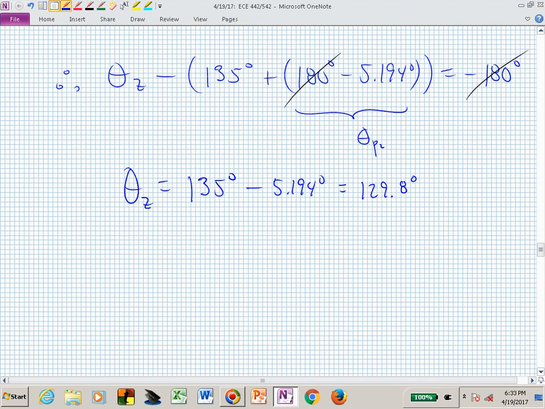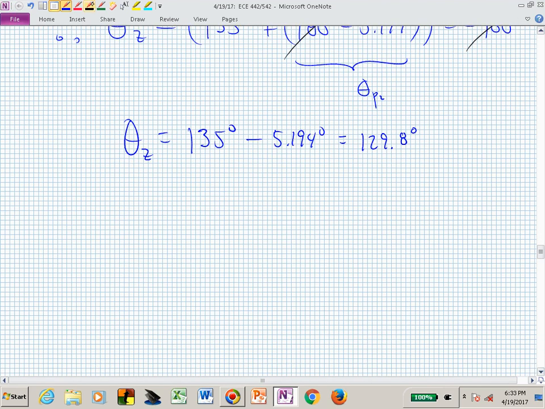What am I trying to do? I'm trying to find the location of my zero. I've now found the angle that that zero makes with the triangle. In a picture, I now have that triangle right here.